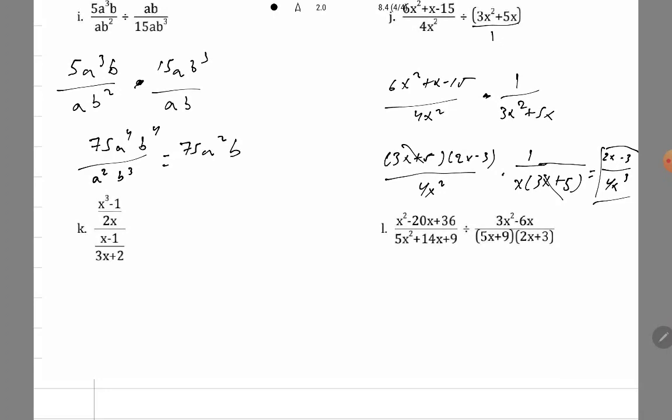Alright, next. So, we have a fraction, and then they show over a fraction. So remember, that's just a division sign. So keep the first fraction the same. Change division into multiplication. Flip the second fraction. Factor.